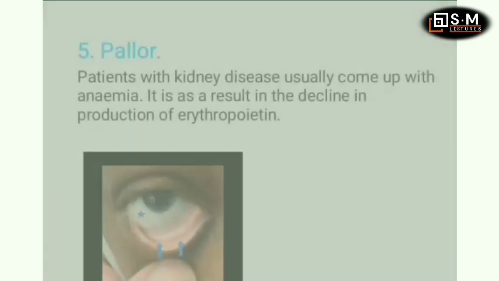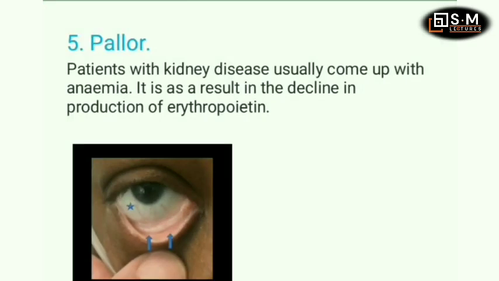The next thing is pallor. Patients with kidney diseases usually come up with anemia, and anemia means lack or inadequate level of oxygen in the blood.